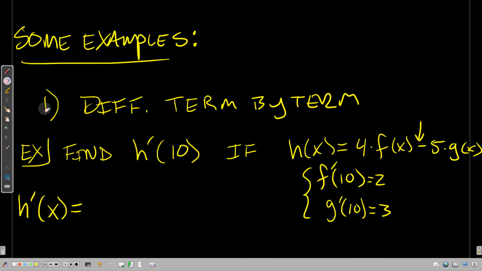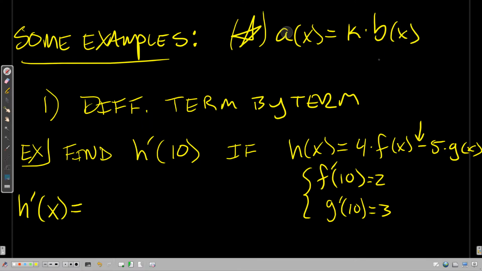Not only does this check that we know how to differentiate term by term, it also shows us that if you have a constant times a function, and then you want to know the derivative of that function, it's just the constant times the derivative.